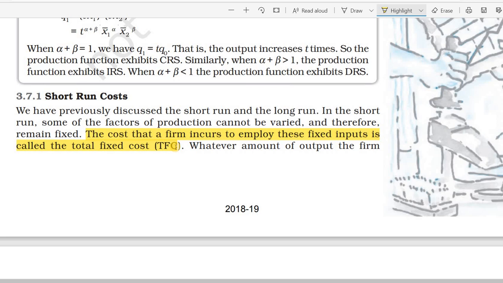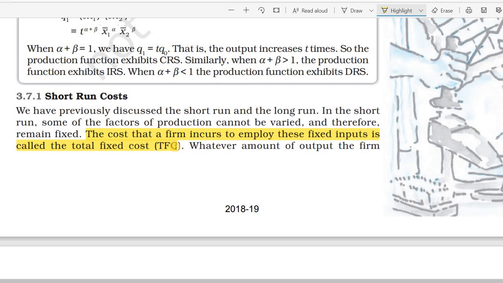Some fixed inputs every firm needs. That one we are calling fixed cost. The total of this we are calling total fixed cost. The cost that a firm incurs to employ these fixed inputs is called total fixed cost.